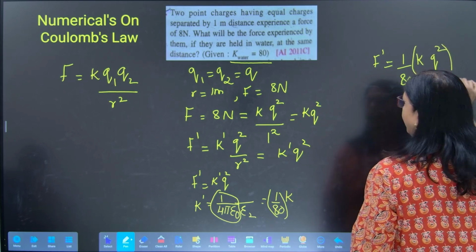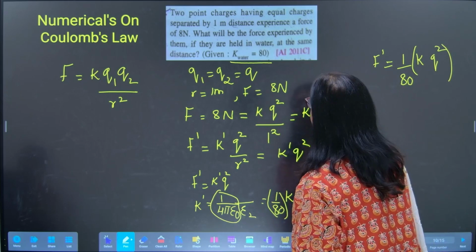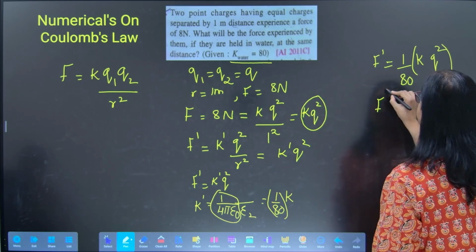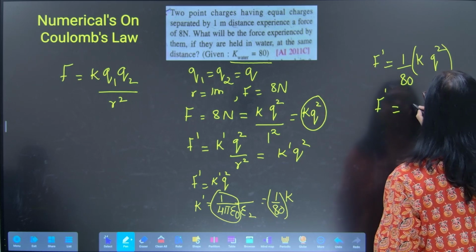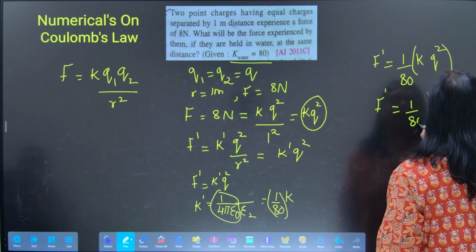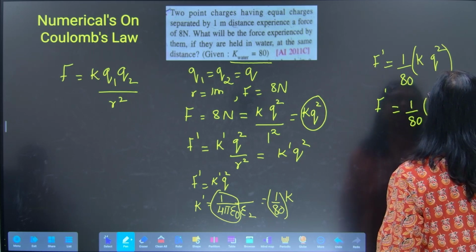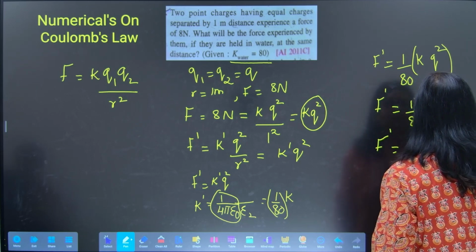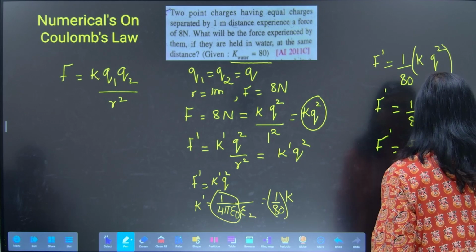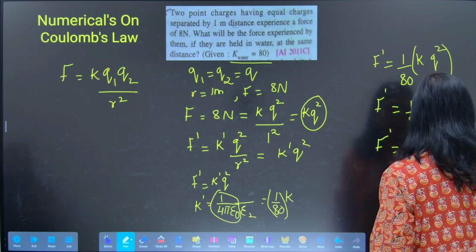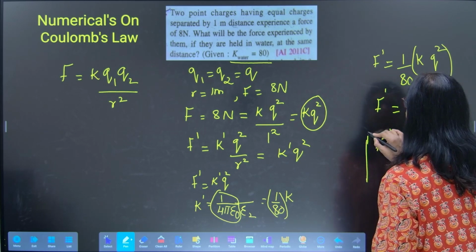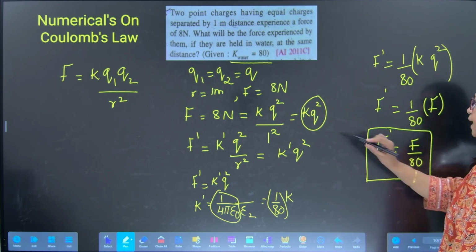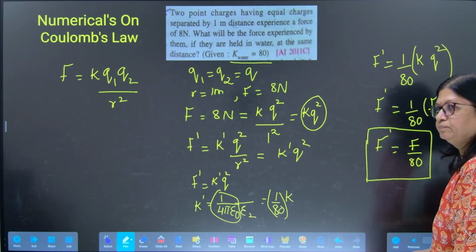But KQ square is already found out by us as F. Therefore, F dash is equal to 1 upon 80 F. It means that the new force is 1 upon 80 times the old force when we change the medium from air to water.